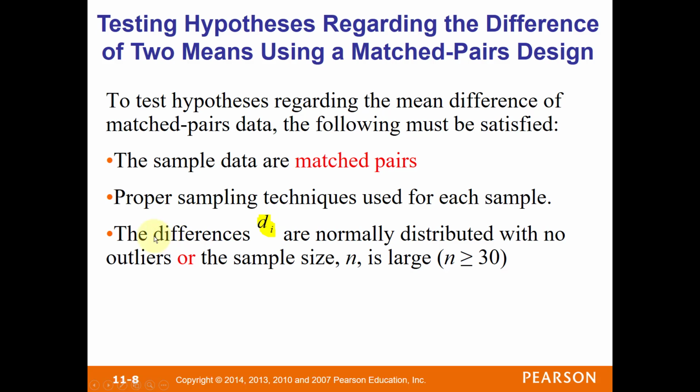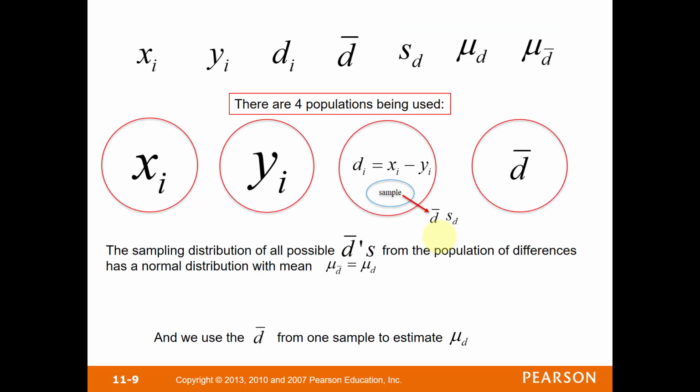You see where it says the differences are normally distributed, no outliers? That means no outliers in the sample, and the parent population, denoted by D subscript i, has to be assumed to be normal. We'll talk about more of that in a moment.